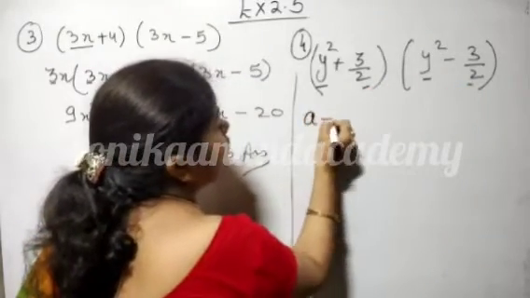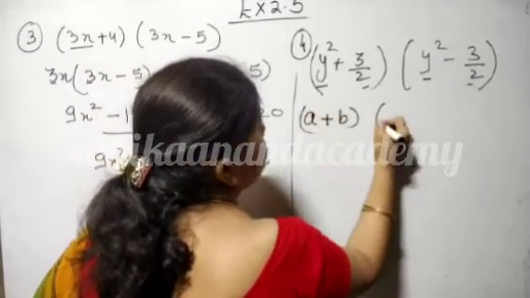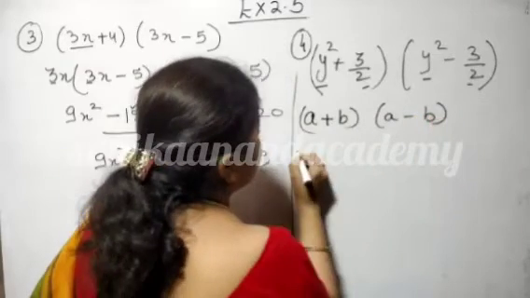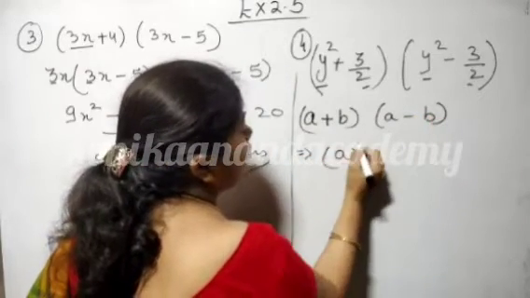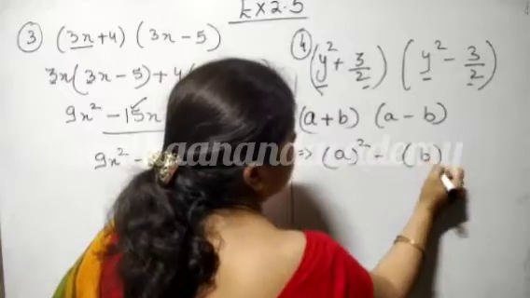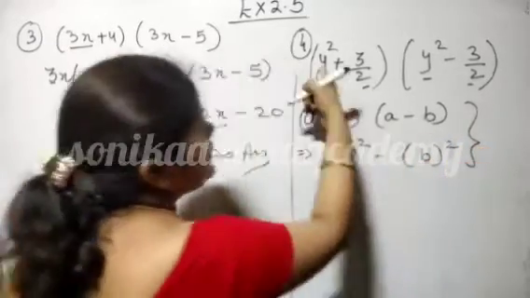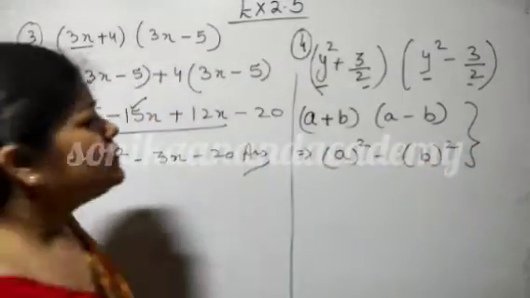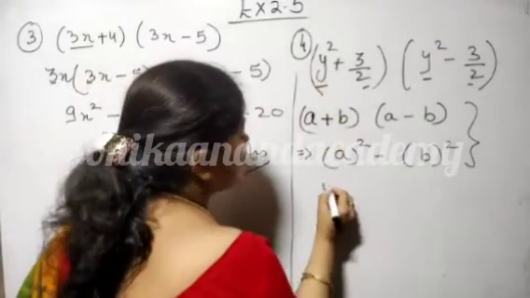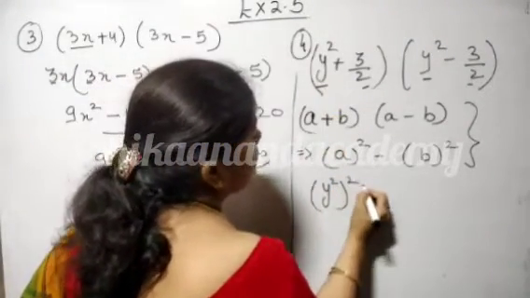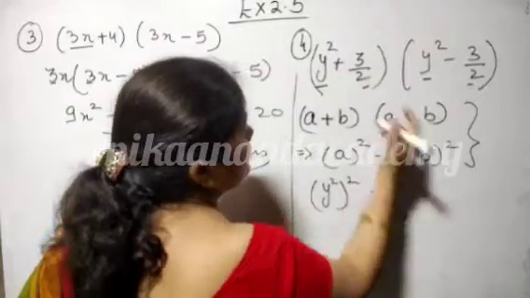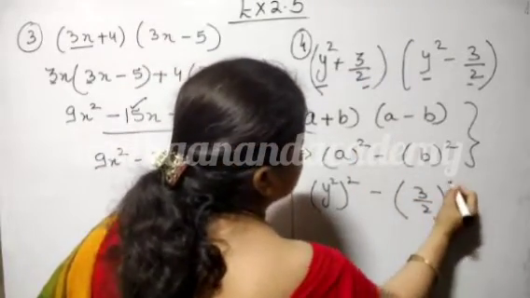So we have one formula, (a plus b)(a minus b), and the answer for that is a whole square minus b square. So I use this identity in order to solve this question. In place of a, we have y square, so this is a square minus, in place of b, we have 3 by 2, so this is whole square.